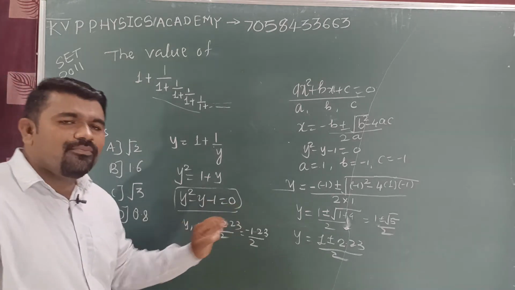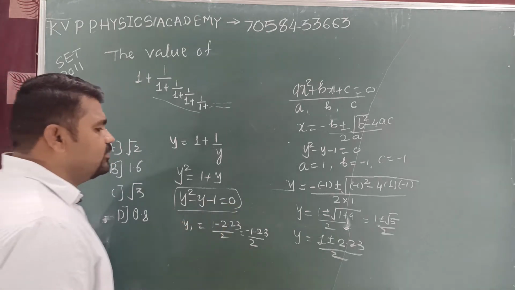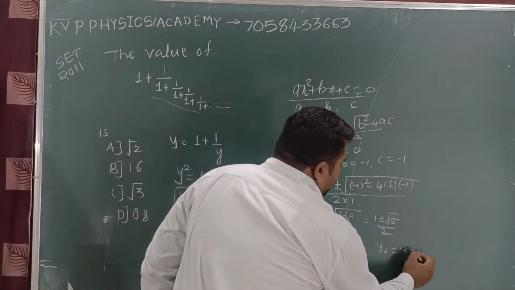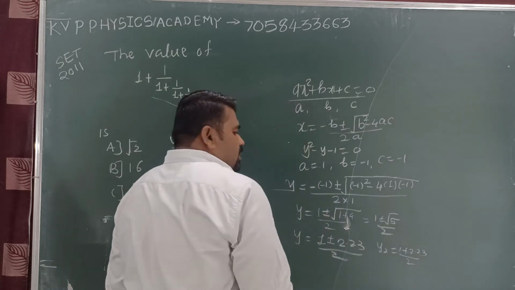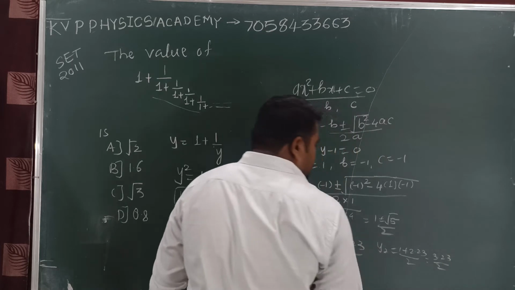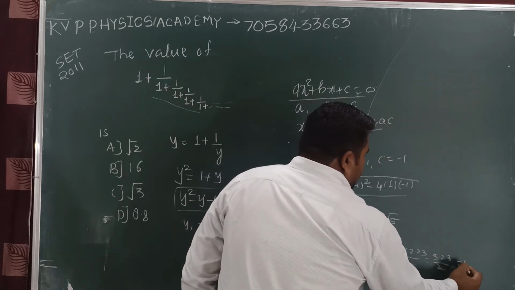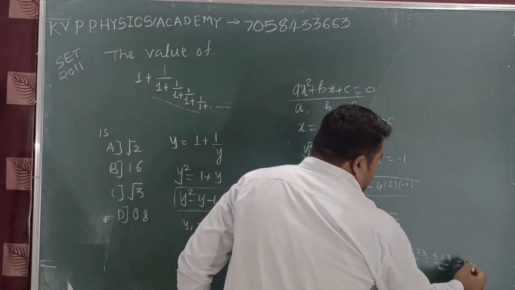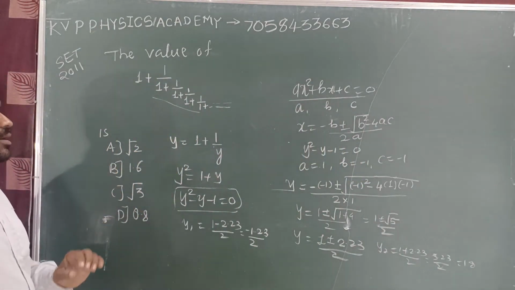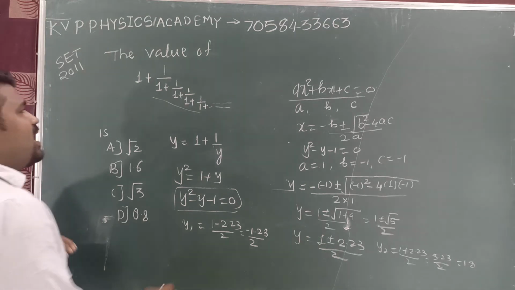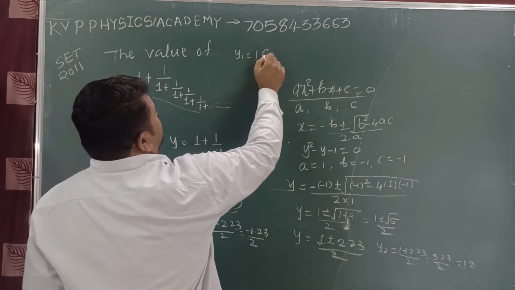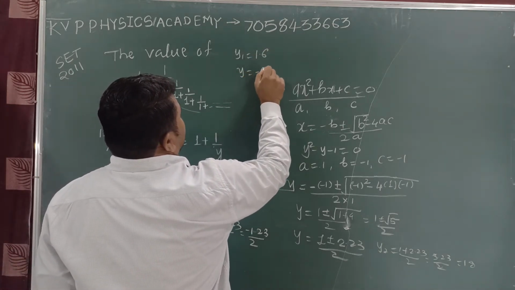This is the first value, y1. For the y2 value we take the plus sign: y2 is equal to 1 plus 2.23 upon 2, which becomes 3.23 divided by 2, roughly 1.6. Here we are getting two values: y1 is suppose minus 0.5 and y2 is suppose 1.6.